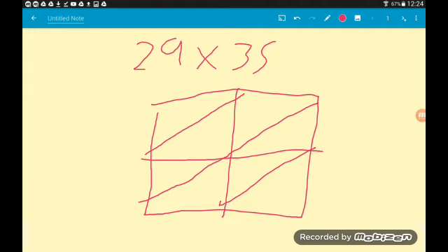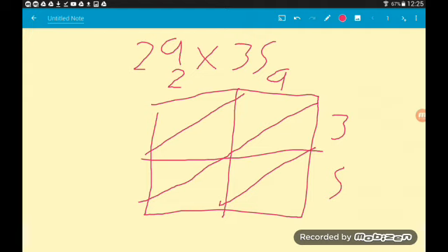So how do we do it? Well, we've got a 2-digit times a 2-digit number, so we need a 2 by 2 box. Along the top, I'm going to put 29, but I think of it as 2 and then 9, and then 35 down the right hand side.